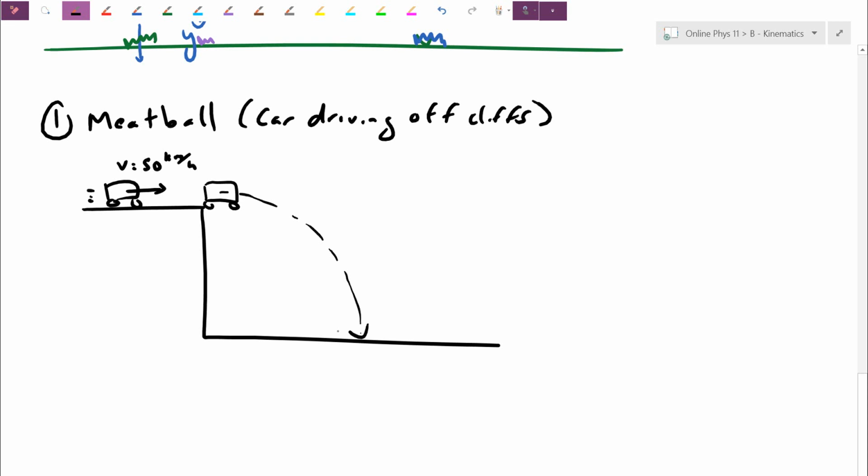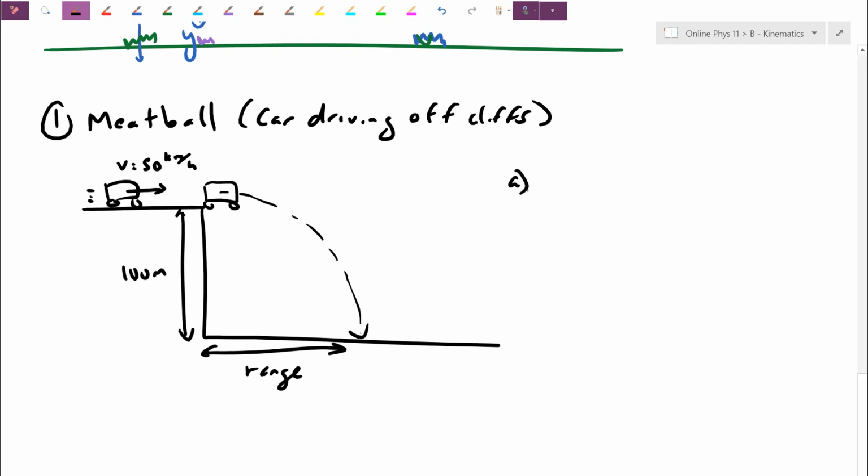I'm interested in studying, depending on how high this cliff is, let's make it a 100-meter tall cliff here, how far it's going to land. We're going to call that distance the range, right? So how far from the base of the cliff does it land? Usually in math class, range is sort of the y-axis, but in this case, the range is how much ground is covered. I'll split this up into two parts.